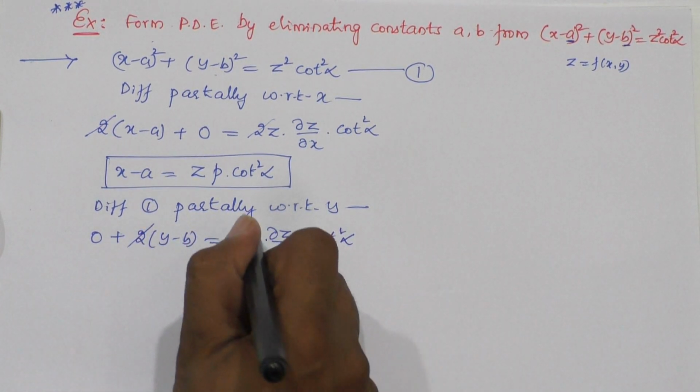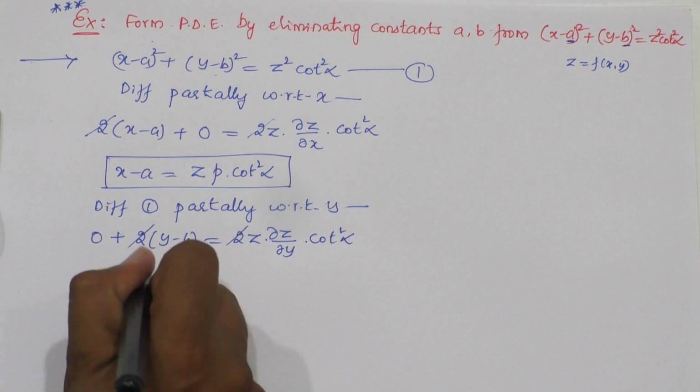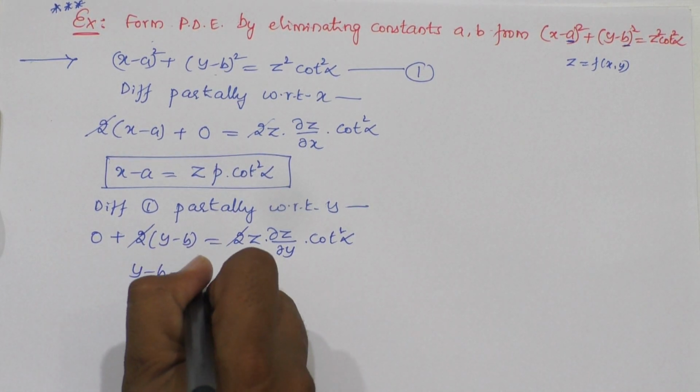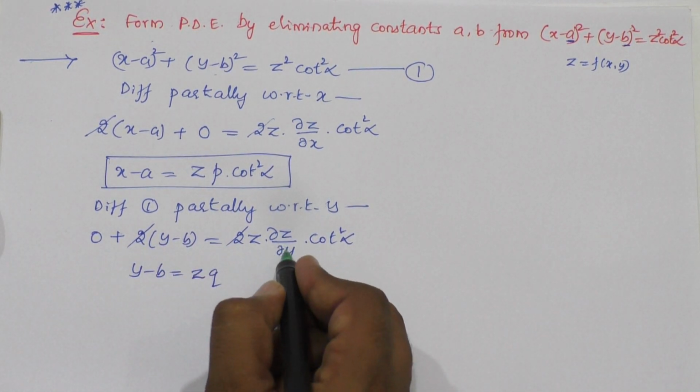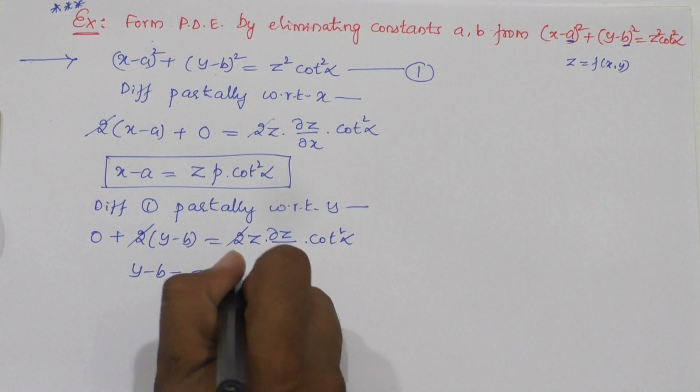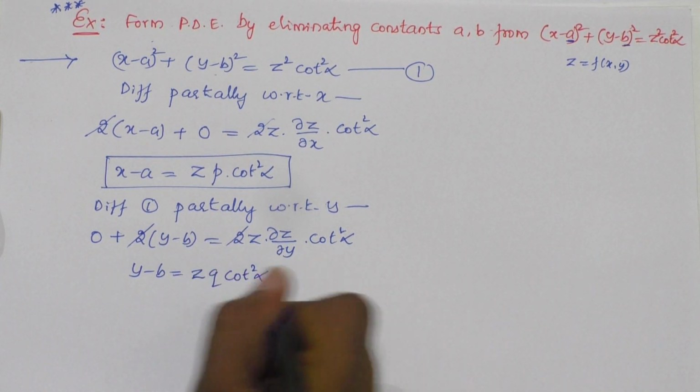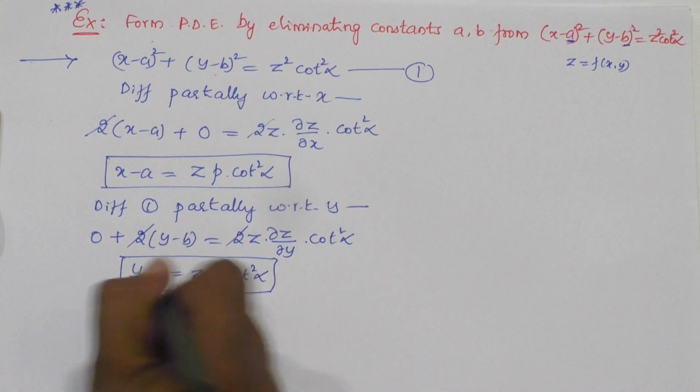So here on both sides the 2 gets cancelled. So y minus b equals z, with ∂z/∂y denoted by q, cot square alpha. So now we got the expression for y minus b.